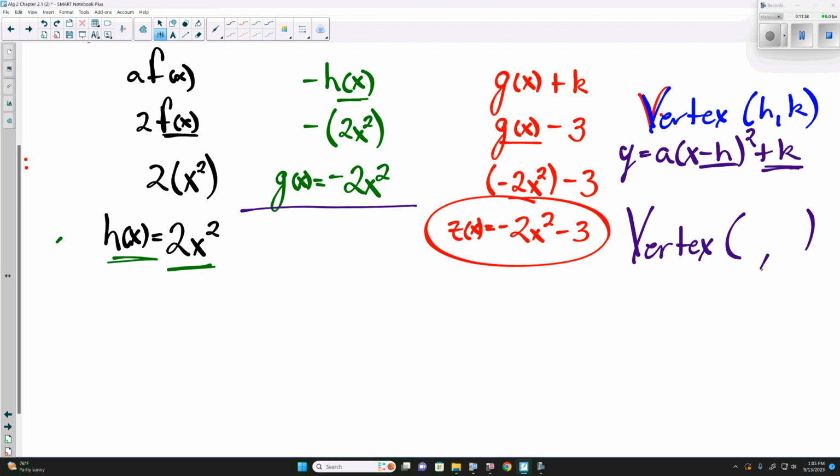Now, looking at the vertex for this one here, the k value is a little bit easier to see because k is on the outside, exactly what it looks like, and our k value is negative 3. Now, the h value comes from inside the parentheses. It would be 0, indeed, because we don't have any parentheses, so it is 0.